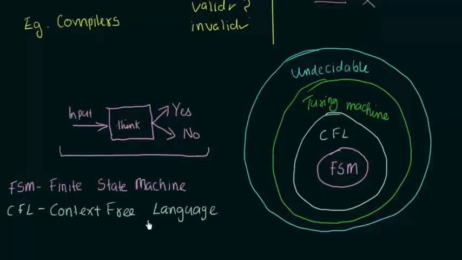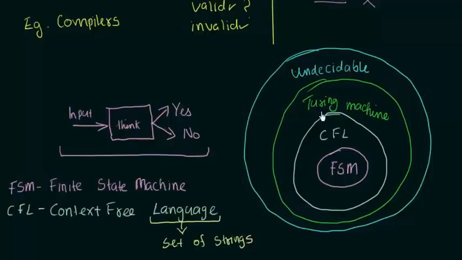One thing to remember here: this language does not mean a programming language. In computer science, when we come across the term language, we often think it means a programming language. But in this context free language, language actually means a set of strings. A set of strings is what is known as a language. It will become clear when we explain it further in the following lectures, so don't worry about it.